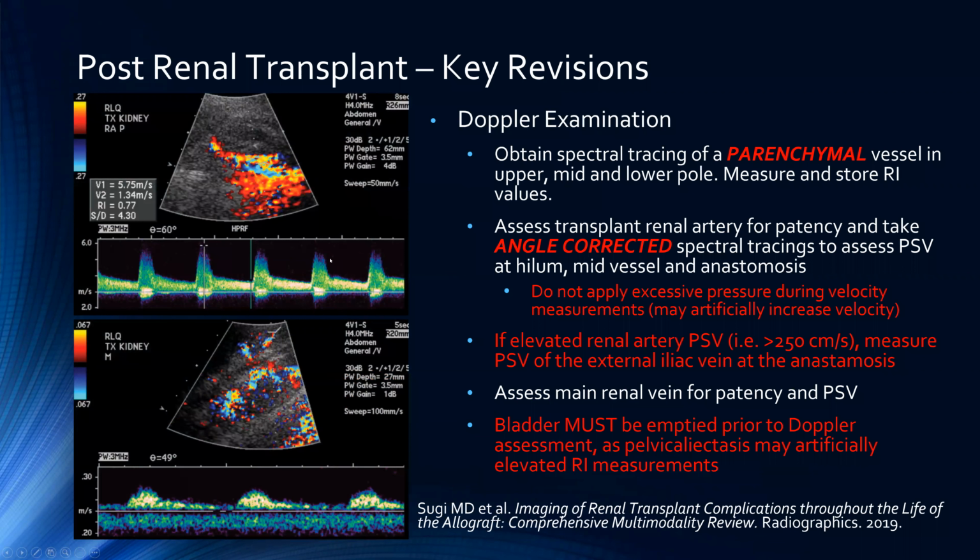So here are just a couple of images showing the angle-corrected vascular assessment at the mid portion of the vessel in what's otherwise a relatively normal person. Here the angle-corrected velocity was around 130 and was within normal limits.